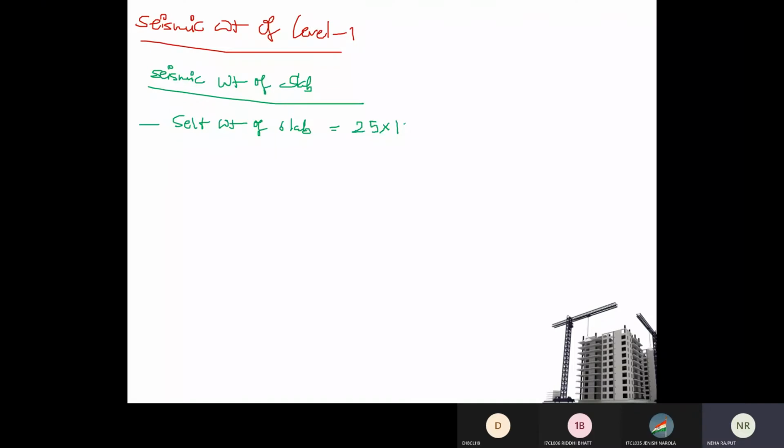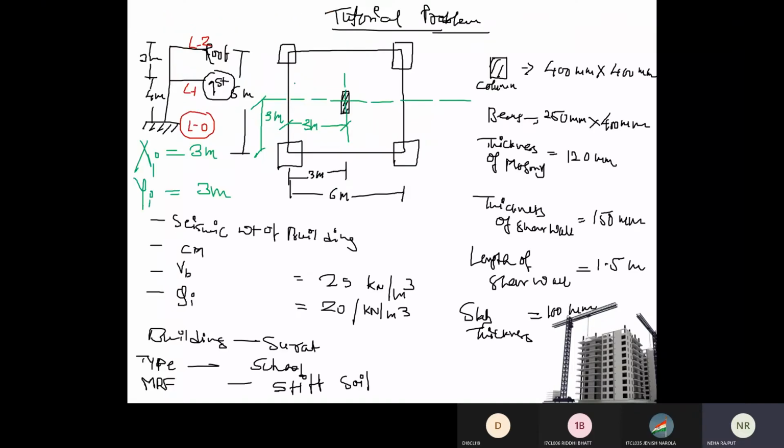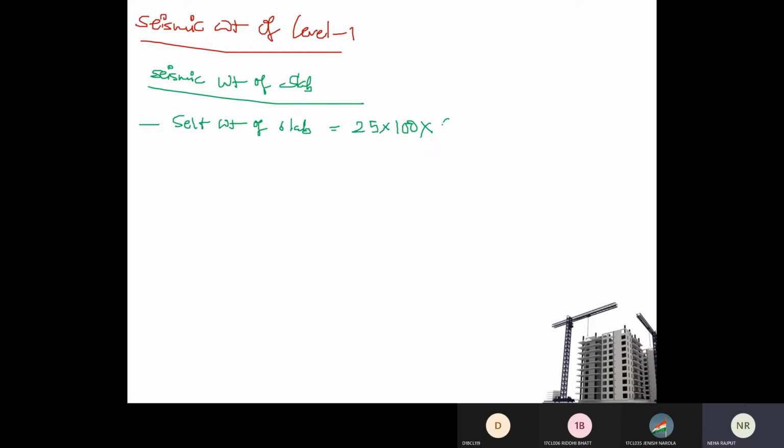So 100 mm into area of slab. What is the area of slab over here? 6 meter by 6 meter. So 6 into 6. जल्दी calculate करो. 25 into 100 into 6 into 6. 90 kilonewton. Right. So this is my self weight of slab.